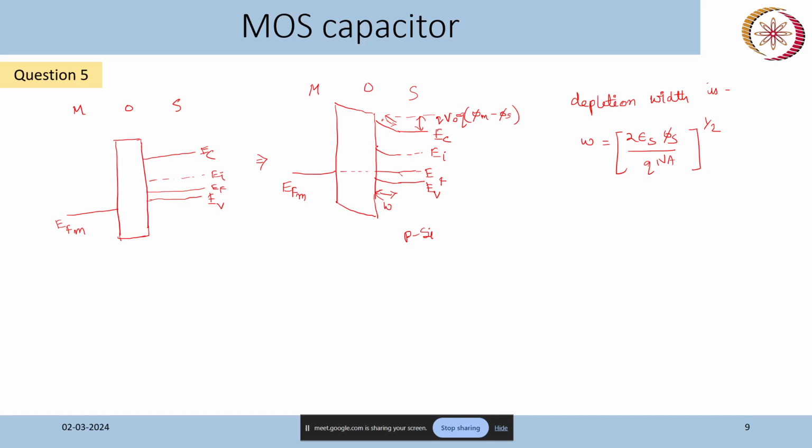So if the bending is more, that is how it is related to the depletion width. Epsilon s is the permittivity of the semiconductor layer, which is equal to permittivity of free space times Ks, which is 11.8 in our case for silicon.